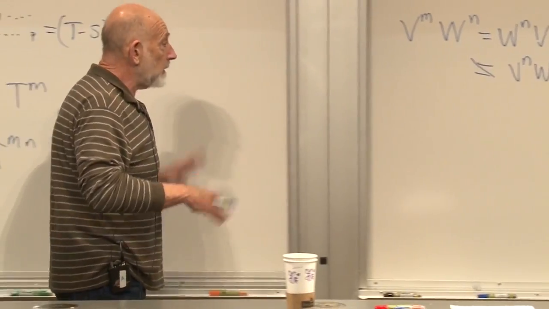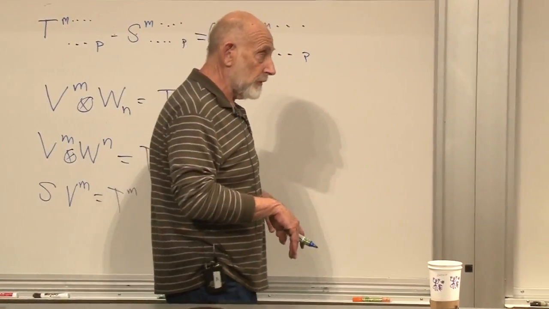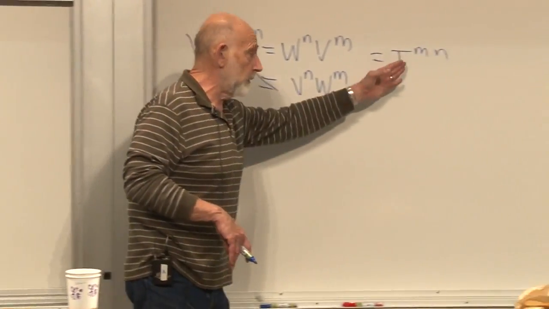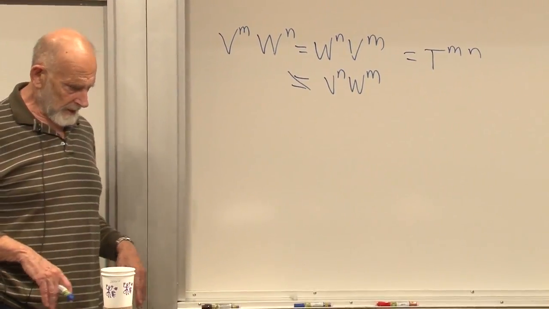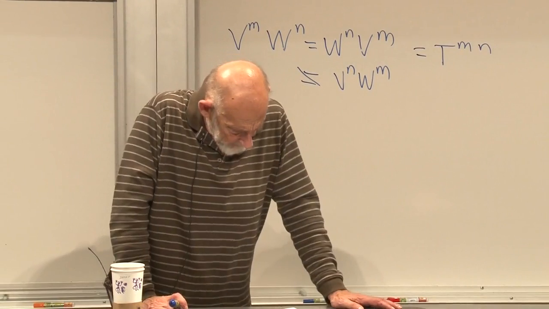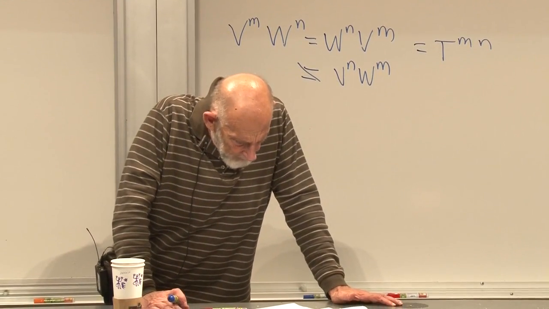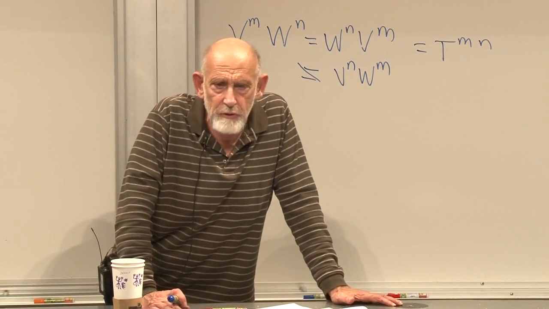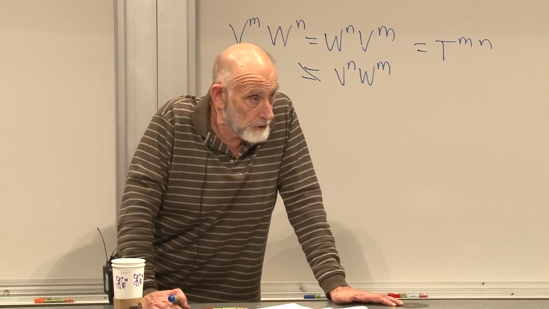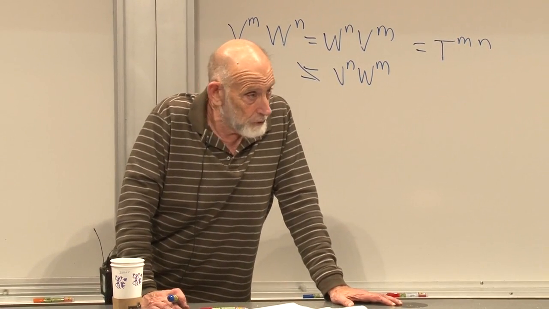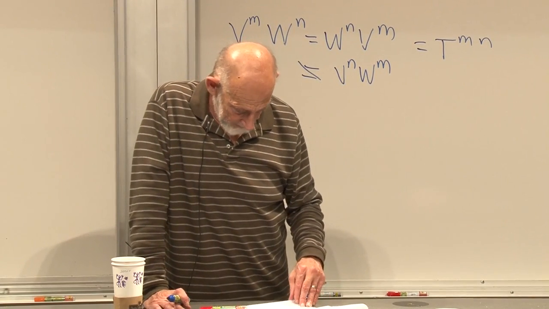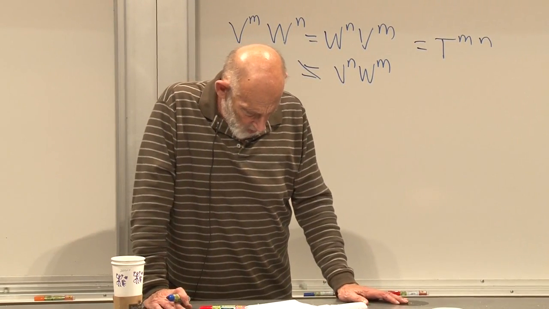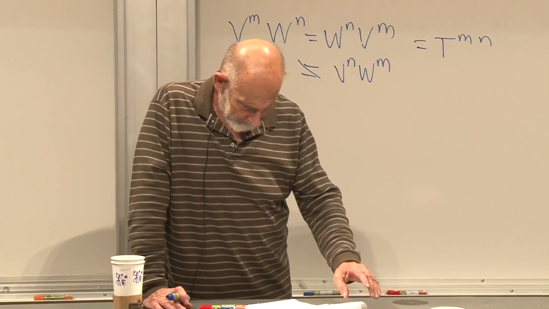But the transformation properties are just the transformation properties of a thing with two contravariant indices. There's nothing abnormal about multiplying components of vectors. They are just numbers. And when you multiply two numbers, you can multiply them in any order you like. Same with adding them. Okay, good.